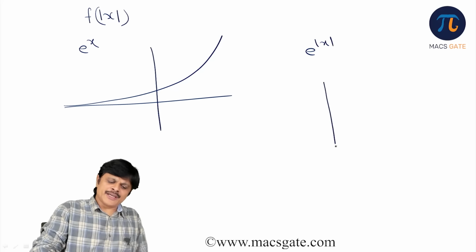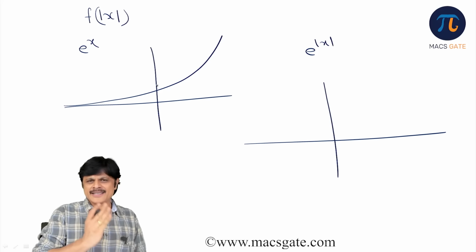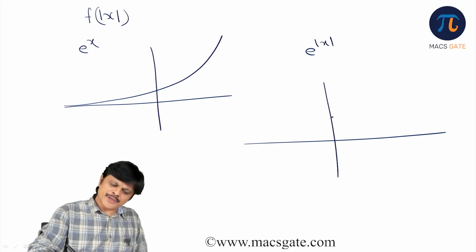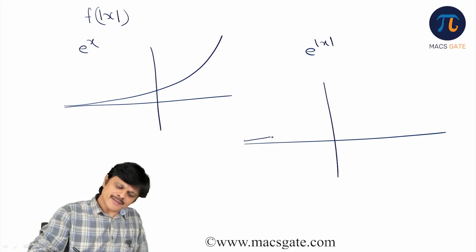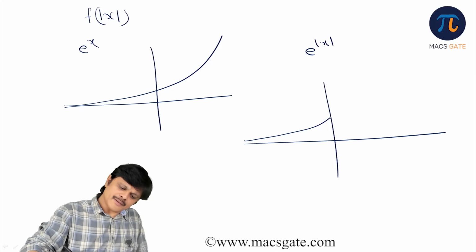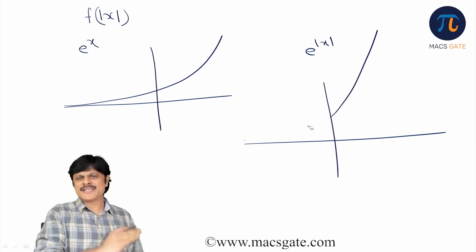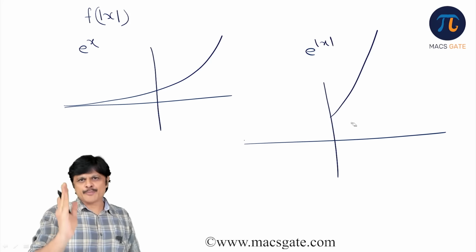So what I need to do is retain the graph which is on the right side, the positive side of the x-axis. This part you remove. From here, whatever graph is there, you keep it as it is. So remove the left side part, and only the portion to the right side of the y-axis you keep.